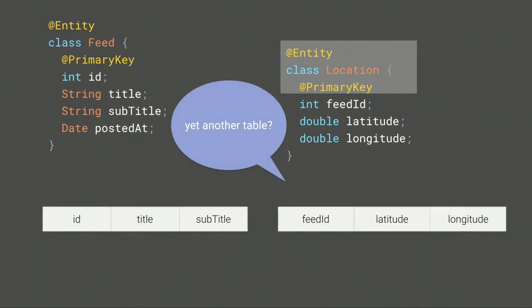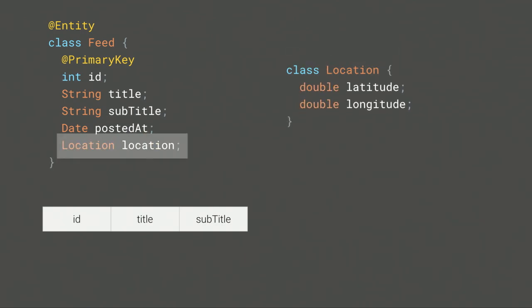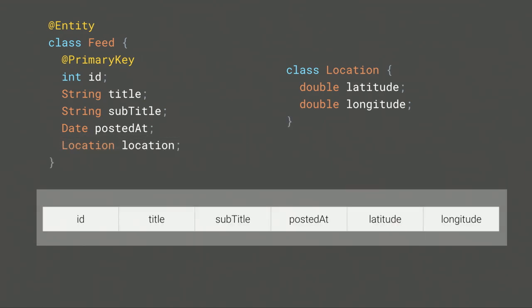First of all, yet another table is not very clean. But also, going back to what I mentioned before, why should you be forced to change and tweak the definition of your data model classes just because you want to persist them? So what would be ideal is that you have your clean separation of how you define your data classes, but at runtime, the way the feed object is persisted is in one flattened table.